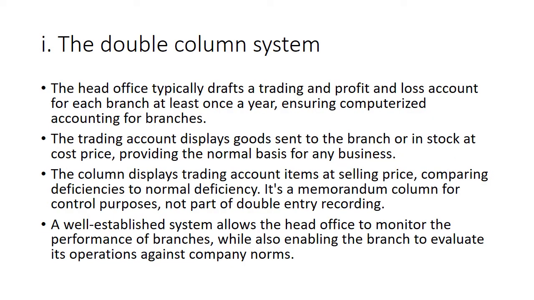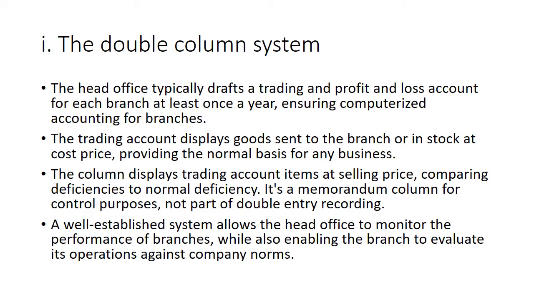The head office typically has a double column system. So the head office normally drafts a trading and profit and loss account for each branch at least once a year. The trading account displays goods sent to the branch or in stock at cost price, providing the normal basis for any business.